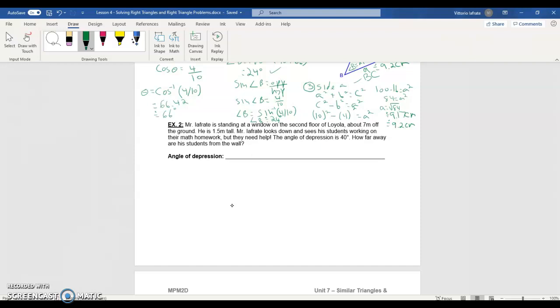So there's a term here that we haven't seen yet. It's called the angle of depression. So we'll define that, and I'll show you what that means.